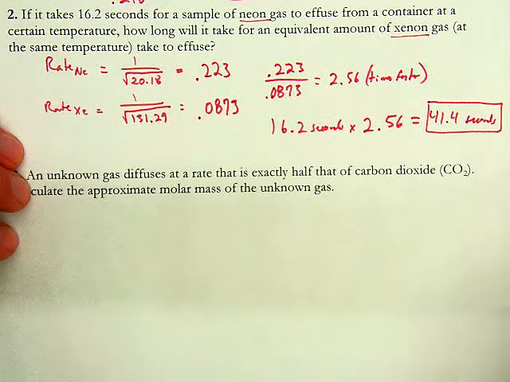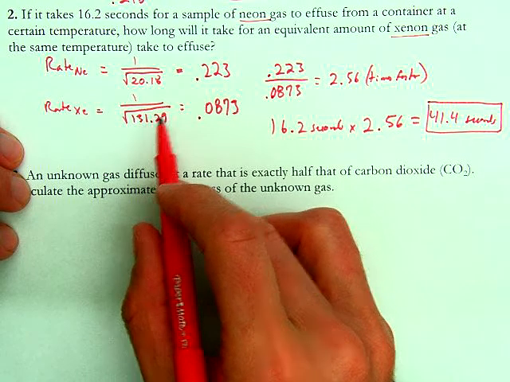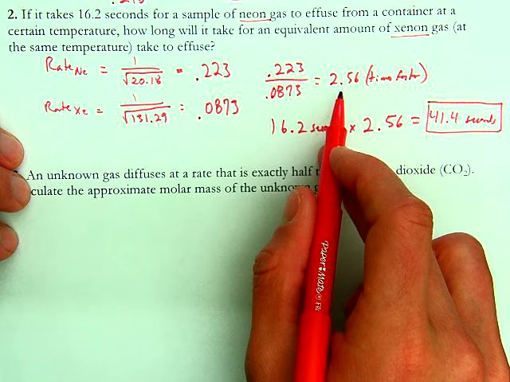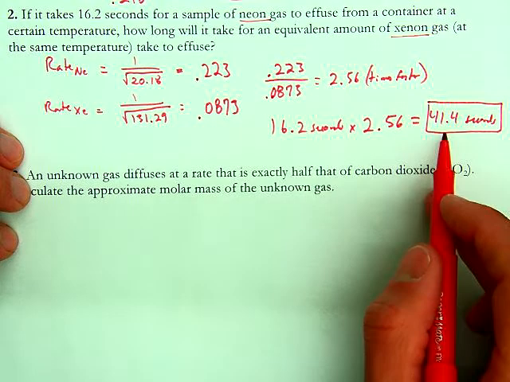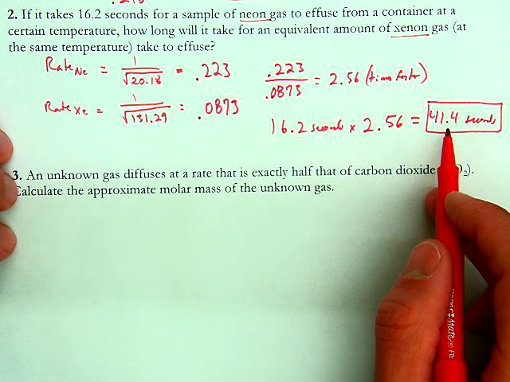So you can see that the xenon has a larger molar mass, so it has a lower rate of diffusion. It takes about 2.5 times as long, and if the neon takes 16 seconds, the xenon's going to take approximately 41 seconds.